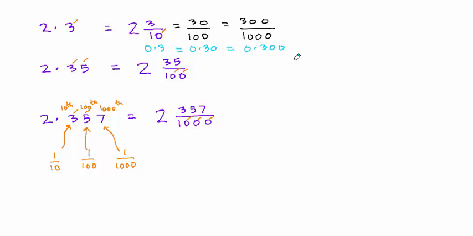So the bottom line is, you can add as many zeros as you want to the end of a decimal number. The number still remains the same.